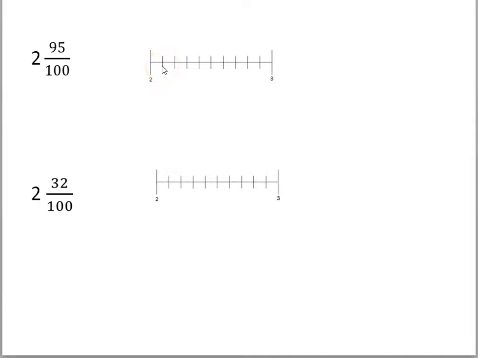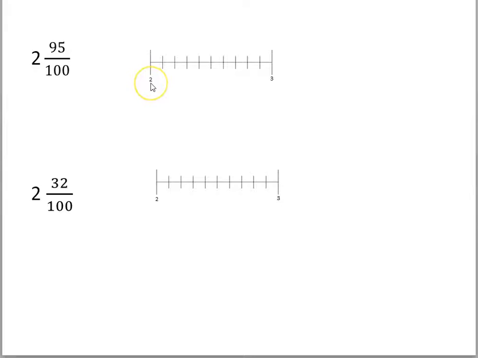It's broken into tenths, but I know that 1/10 is the same as 10 hundredths. Remember yesterday I was comparing it to coins: 1 dime is equal to 10 pennies. I need 2 and 95/100ths. More than 2, but not quite 3.